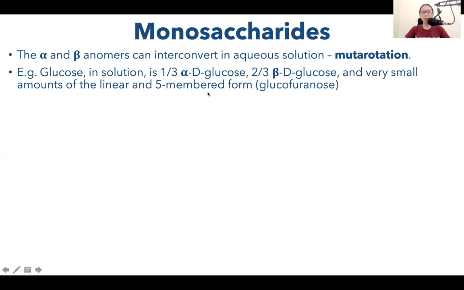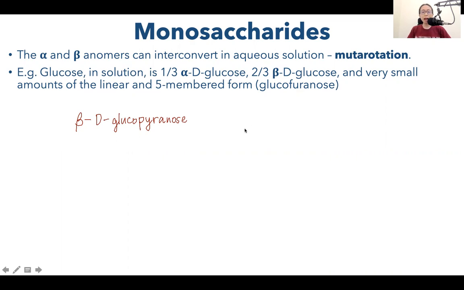For example, if I start with a solution containing purely beta D-glucopyranose, after some time it will actually be composed of different types of glucose. One third of the glucose in solution is the alpha anomer, two thirds is the beta anomer, and there are very, very small amounts of the linear and 5-membered form, or the glucofuranose.